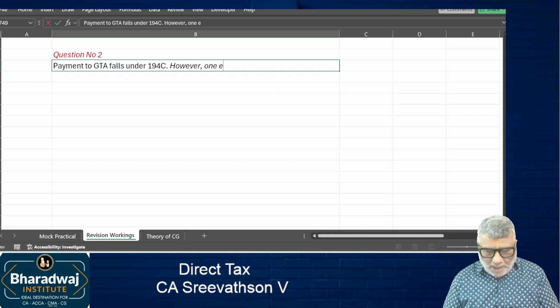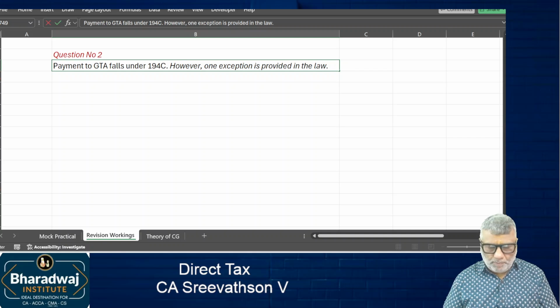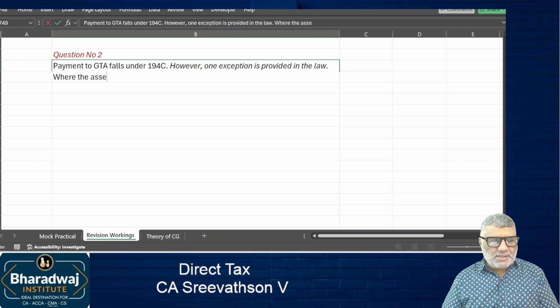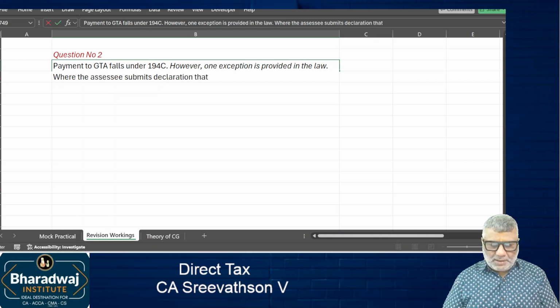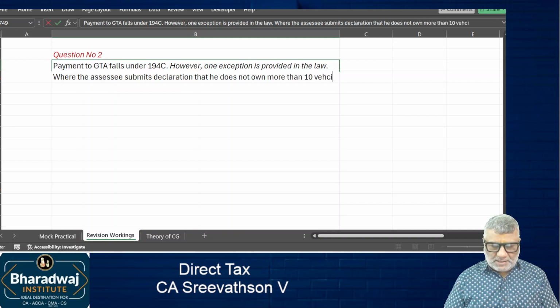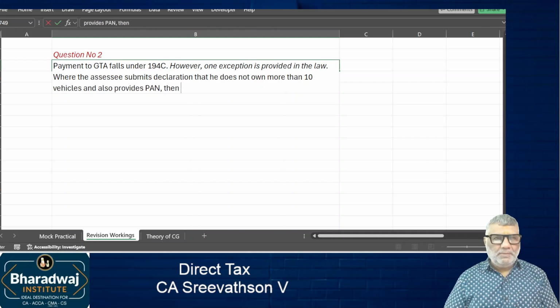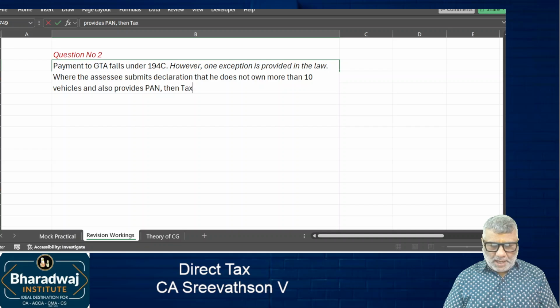However, one exception is provided in the law where the assessee submits a declaration that he does not own more than 10 vehicles and also provides PAN, then tax is not liable to be deducted at source.